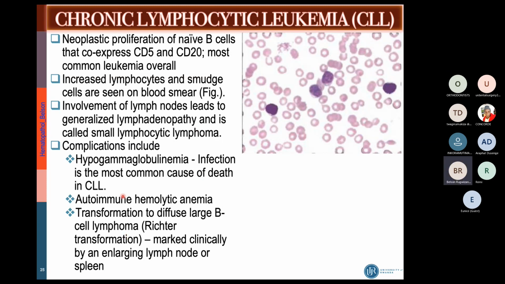So they also develop autoimmune hemolytic anemia, and sometimes they have a transformation to diffuse large B-cell lymphoma. I saw some cases at our hospital where a patient had chronic lymphocytic leukemia or small lymphocytic lymphoma, and then afterward, they developed a very aggressive tumor, which is diffuse large cell lymphoma, we shall see it.